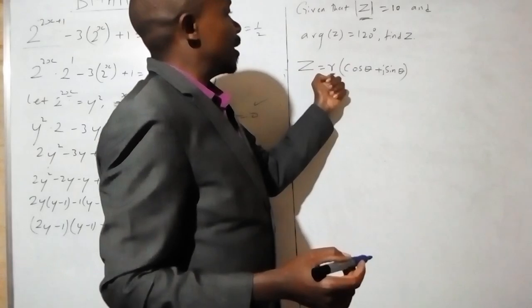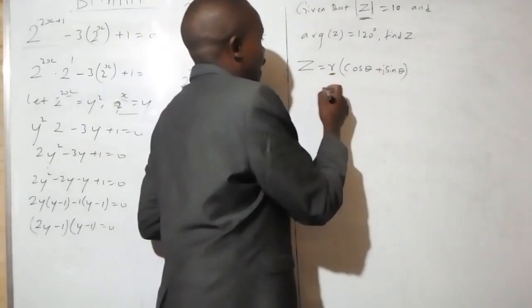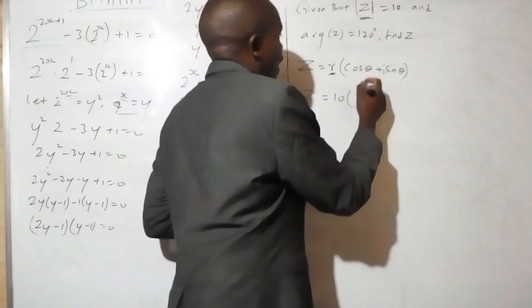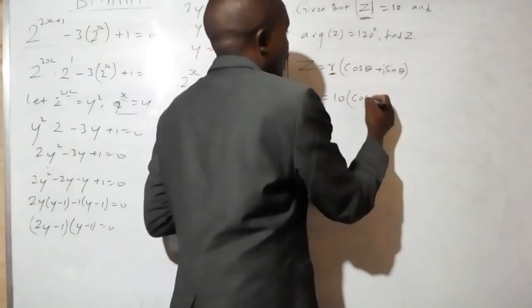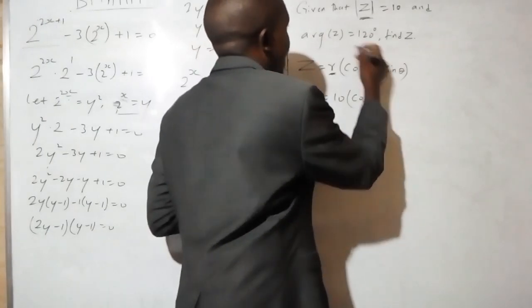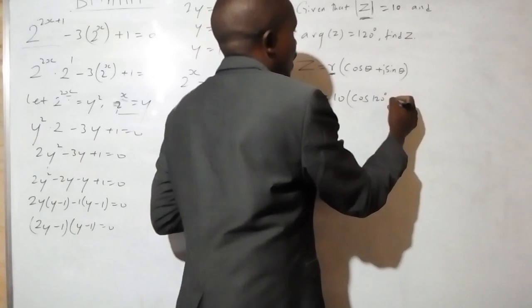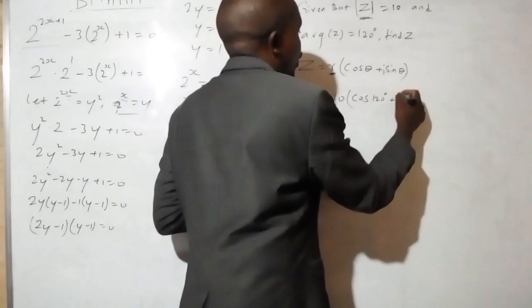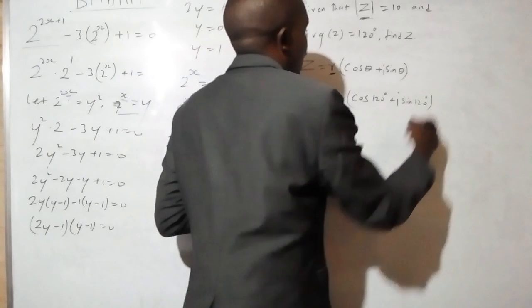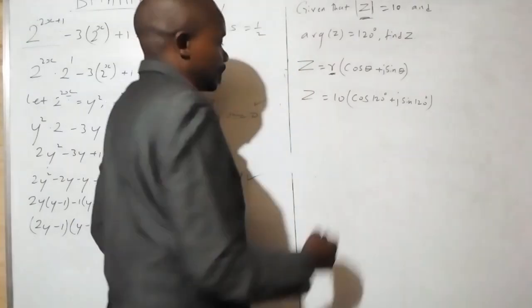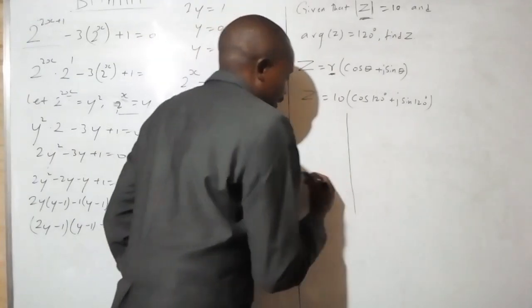We start with z is equal to 10 cos 120, because theta, the argument, is 120, plus j sine 120 degrees. But we are not through. We can draw the CAST diagram.